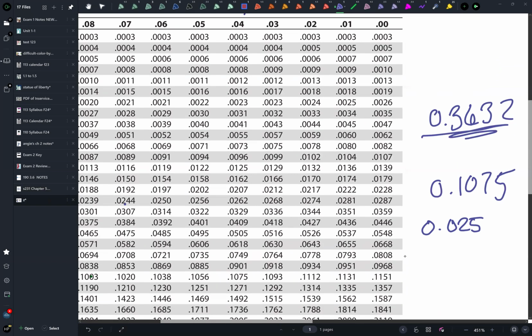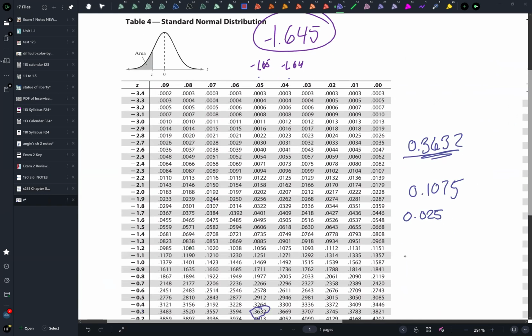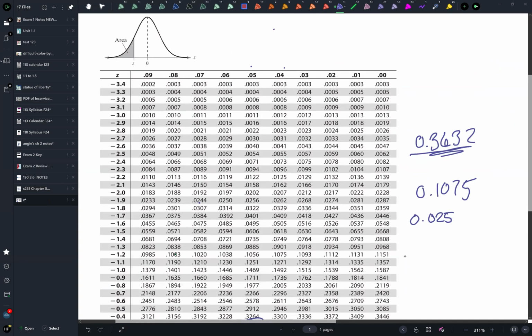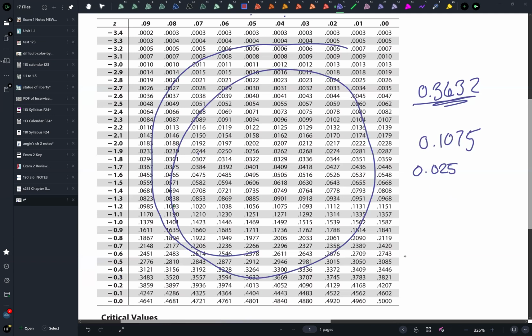Remember, when we're dealing with areas, all these numbers in the middle of the chart represent the area to the left of the z-score, which is what we were given in this case. So to find the z-score, I'm going to look for the number 0.3632 somewhere in the middle of my chart.